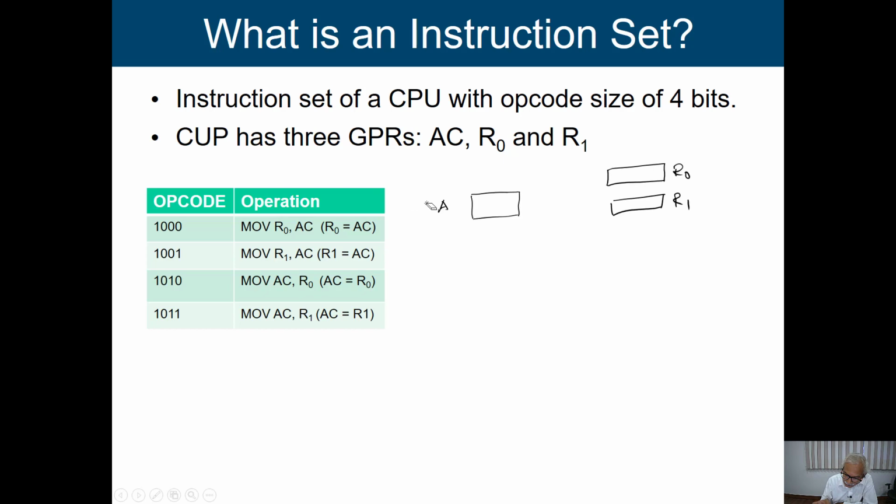So what are the operations that we are performing over here? Either we can transfer the information between R0 and accumulator, or we can transfer the information between accumulator and R1. So these are the 4 operations that we can perform.